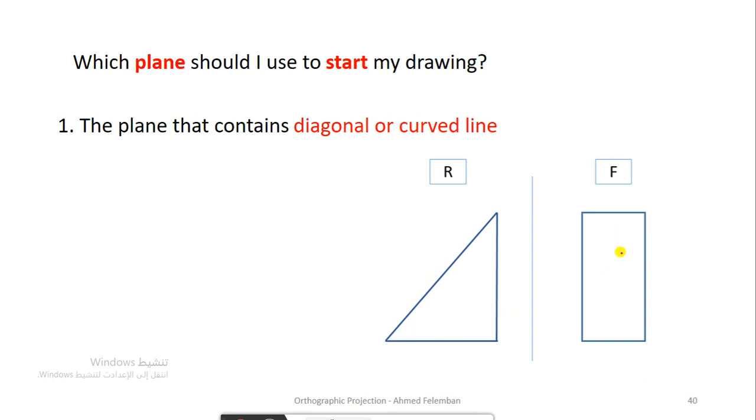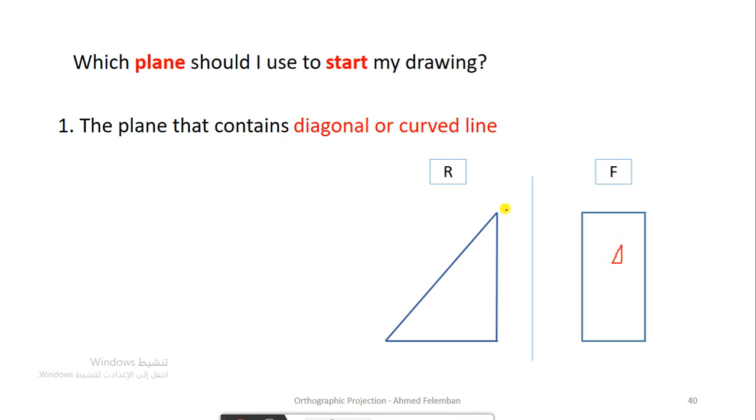Now suppose that in the front we have a small diagonal line in the middle. Should I use this? No. The diagonal line has to affect all the part, not just a small area.